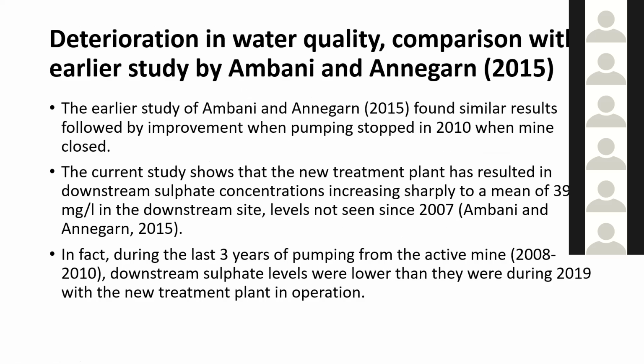So we would expect that after mining has stopped, water quality would improve, but it's actually reaching levels that we had before when we were mining. And so, in fact, during the last years of pumping from an active mine, downstream sulphate levels were lower than they were during the last quarter of 2019 with the treatment plant in operation.